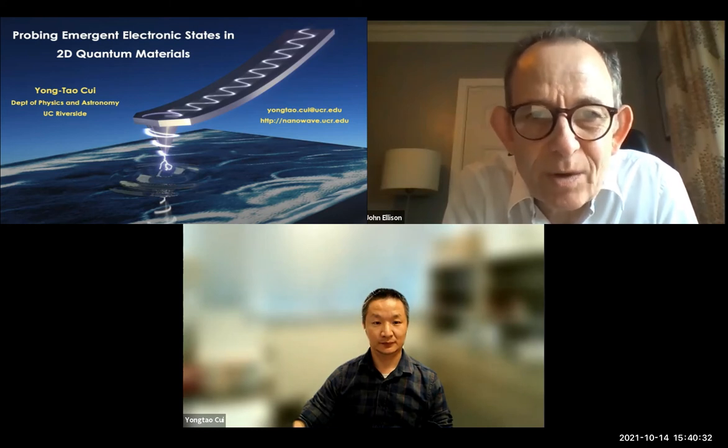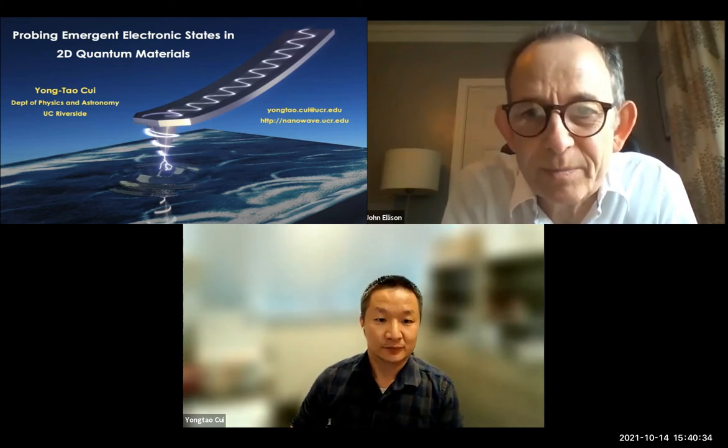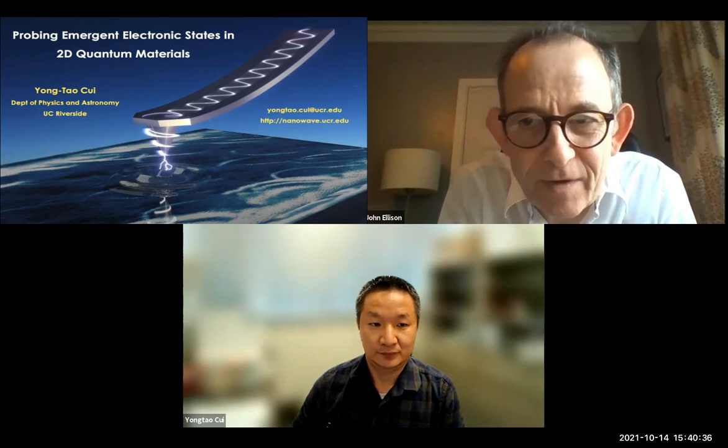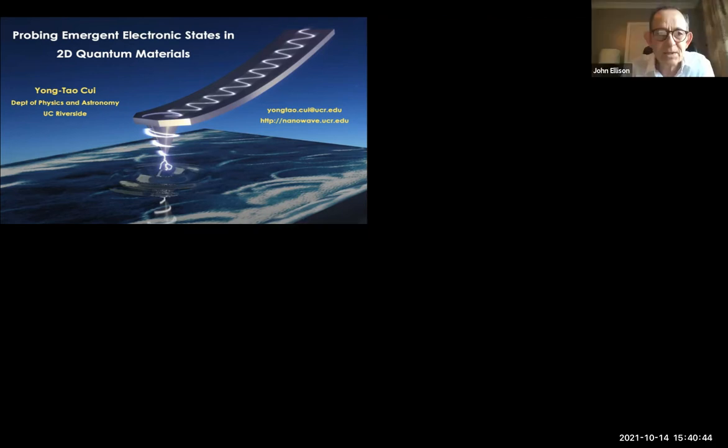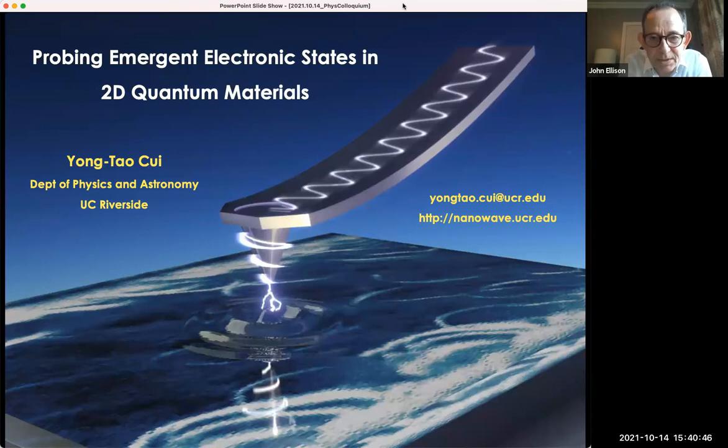So Yong-Tao obtained his BS from Peking University in 2005, and then his PhD from Cornell University in 2011. His PhD thesis work was on the study of spintronics in nanomagnets. And after that, he moved to Stanford University as a postdoc researcher.